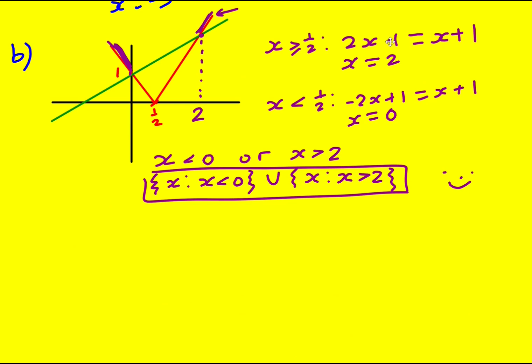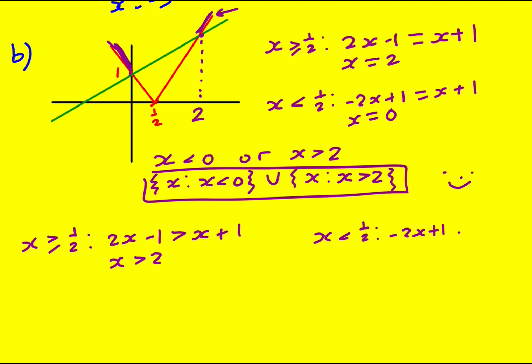A couple of points then. I chose to solve it when it was equal, but you can actually go straight for the inequality. Sometimes it's just a little bit more technical though. So it would have actually been 2x minus 1 greater than x plus 1, then x greater than 2. So it would have come straight out. And then for x less than a half, minus 2x plus 1 is greater than x plus 1.